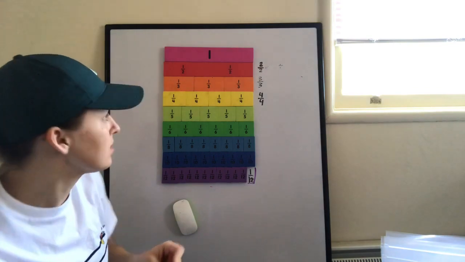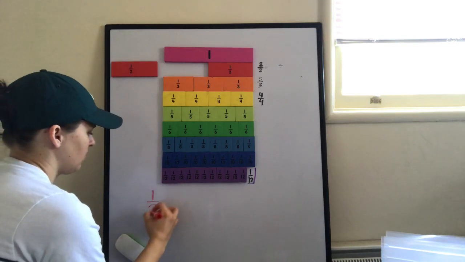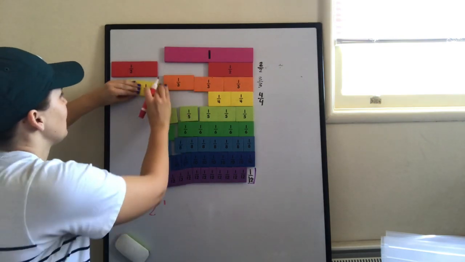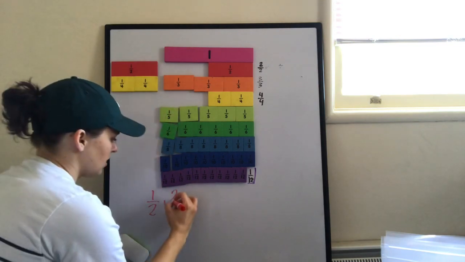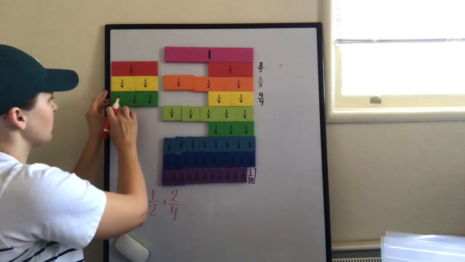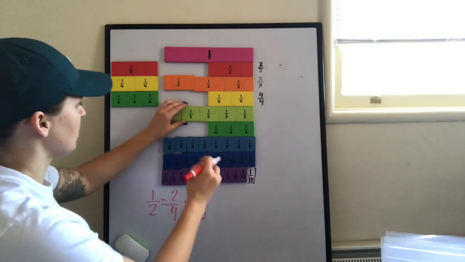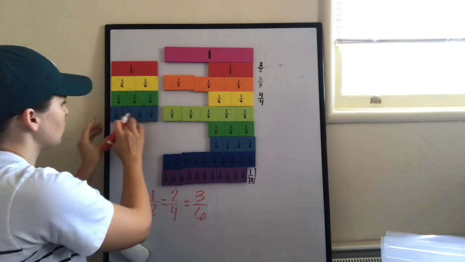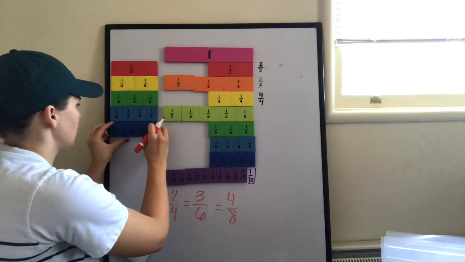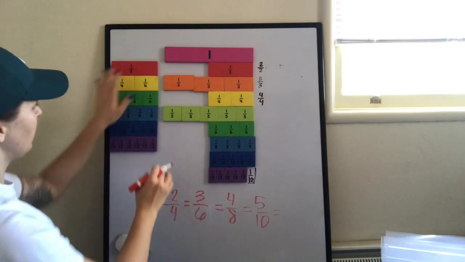I like to show the halves. So if we take 1/2, and we just follow this, 1/2 is the same as 2/4, is the same as 3/6, is the same as 4/8, is the same as 5/10, and is the same as 6/12.